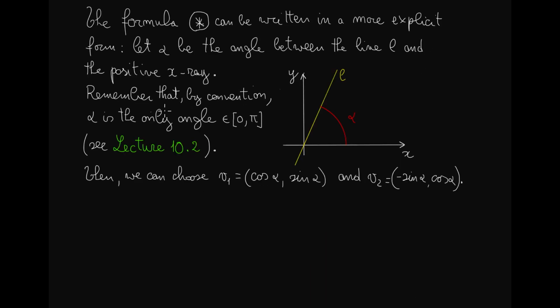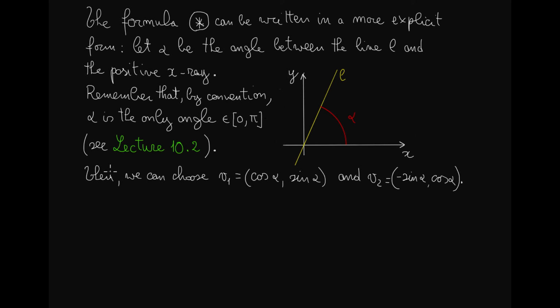Remember that by construction, alpha is the only angle between the values 0 and pi, and this will be explained in the forthcoming lecture 10.2. Here I'm just using these definitions, assuming that you already know the definition of angle.